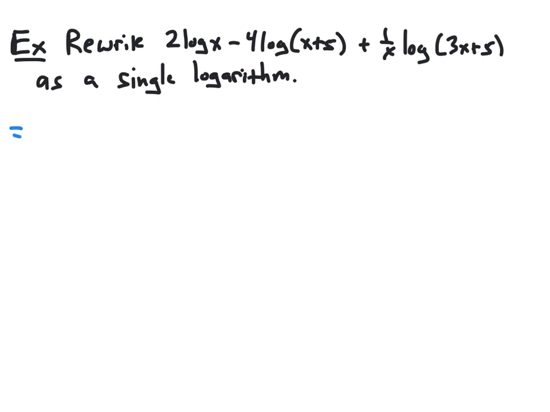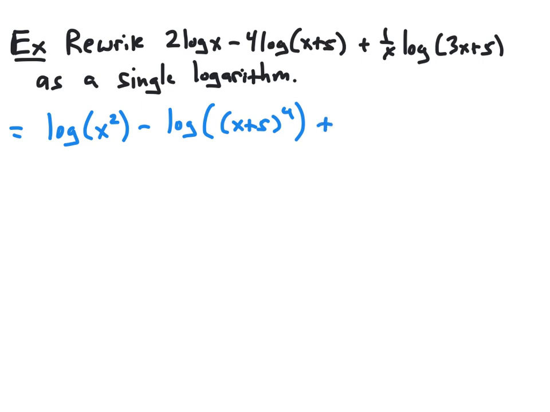So to deal with the powers, 2 log x will become the log of x squared by dragging the coefficient up into the exponent of x squared. The 4 log x plus 5 will become log x plus 5 all to the 4th power, again using the power rule there.